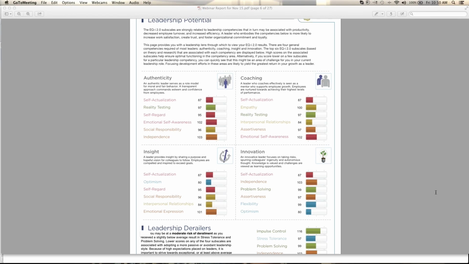Then you've got a Likert type scale, which goes from 1 to 5. 1 is never or rarely, 2 is occasionally, 3 sometimes, 4 is often, and 5 is always or almost always. So that's what the EQi asks people. There are 133 statements in 15 categories, and those are the categories that we see here.